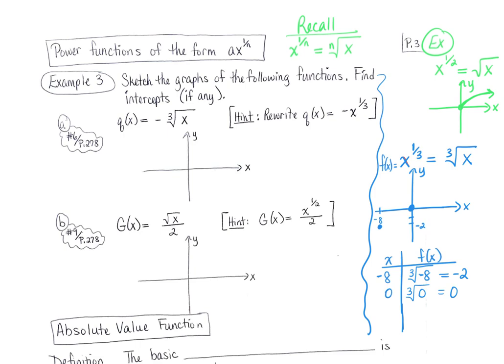You can choose -1 too if you want. If you choose -1, what's the cube root of -1? -1, because -1 cubed is -1. Good. So -1 is a point on the graph. We can make that a little better.